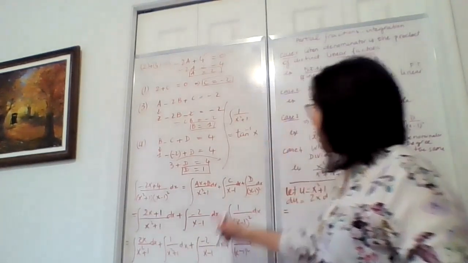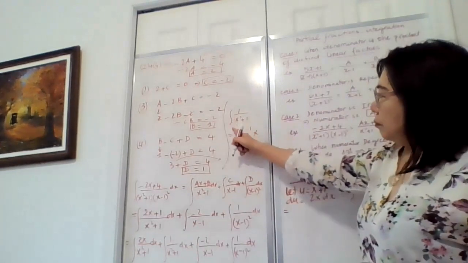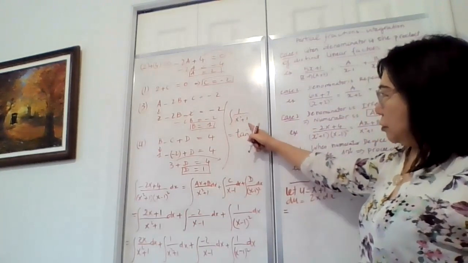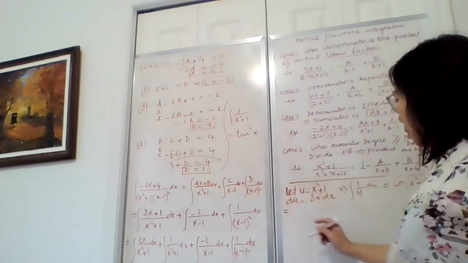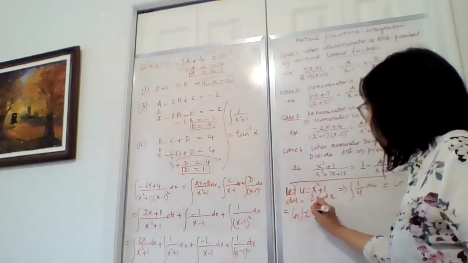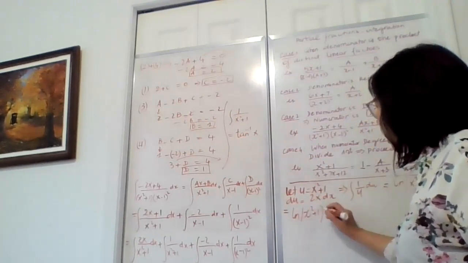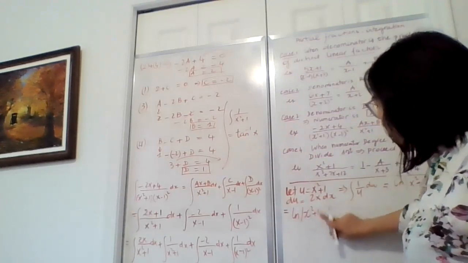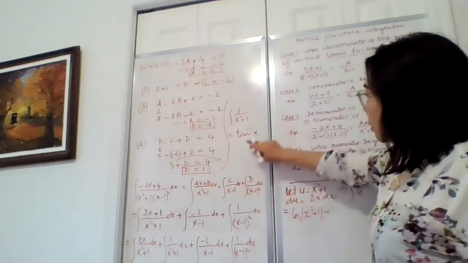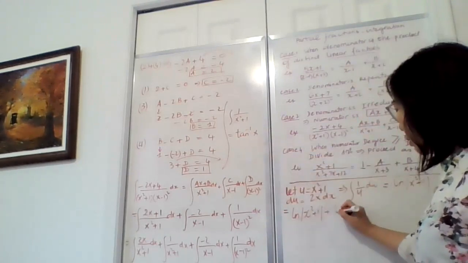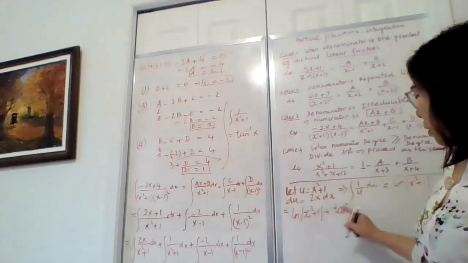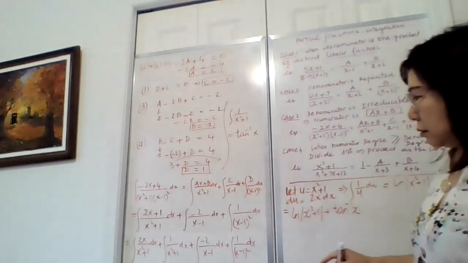Now the second one, this is the formula we're supposed to use for the second one. So the first one will be equal to ln of x squared plus 1. Adding with the second one, we use this formula, tan inverse of x, right?